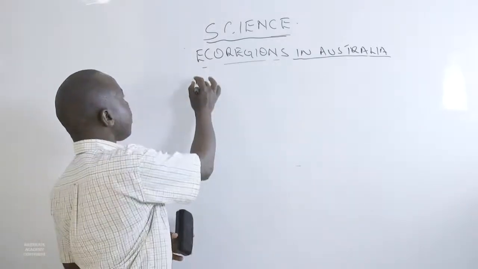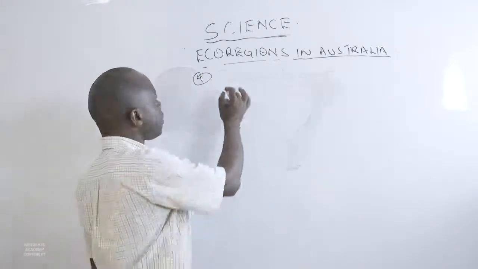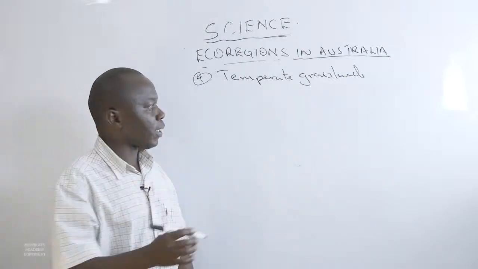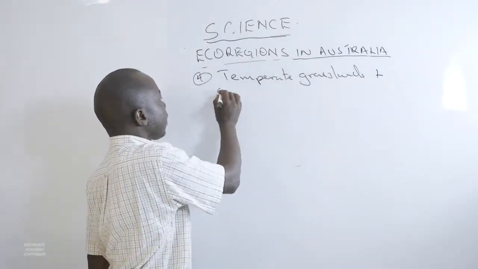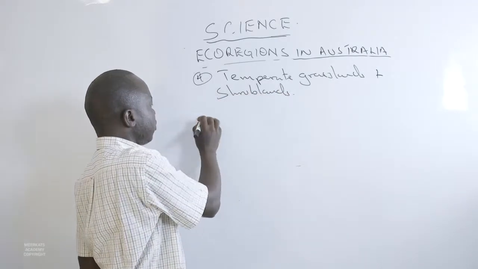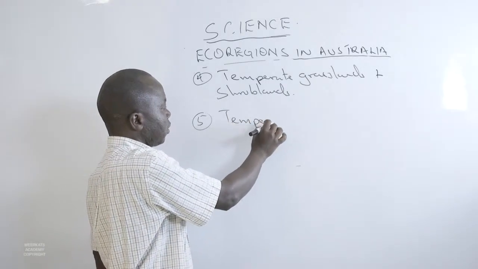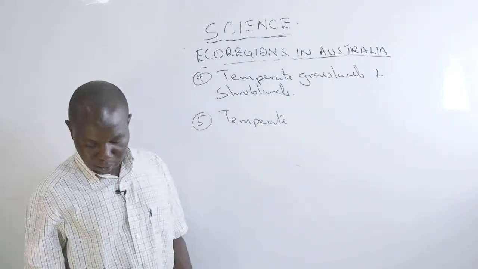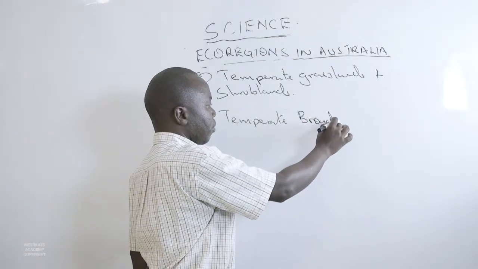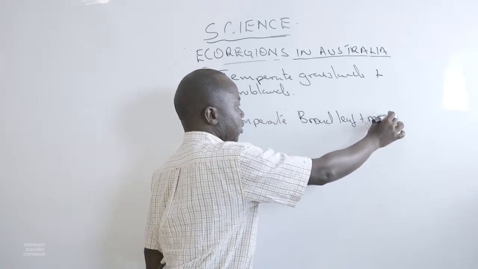The fourth, we have the temperate grassland and shrublands. Just to mention, we also have temperate broadleaf and mixed forests.